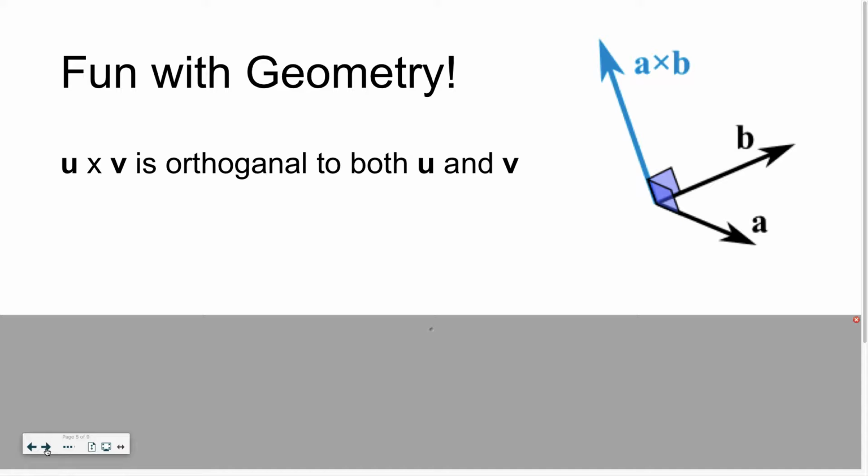We take their cross product, and the cross product vector is perpendicular to both. Probably should write that down. U cross V is orthogonal to both U and V.